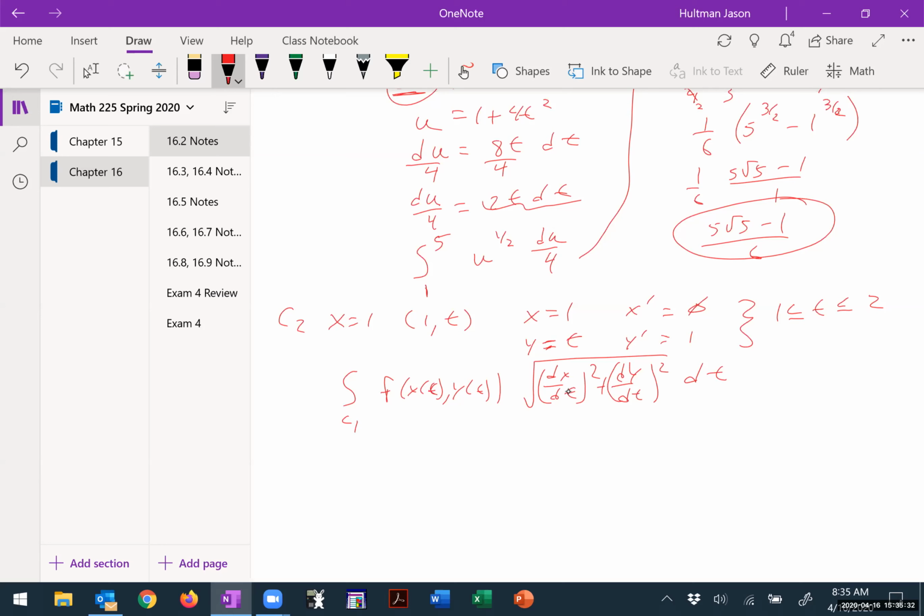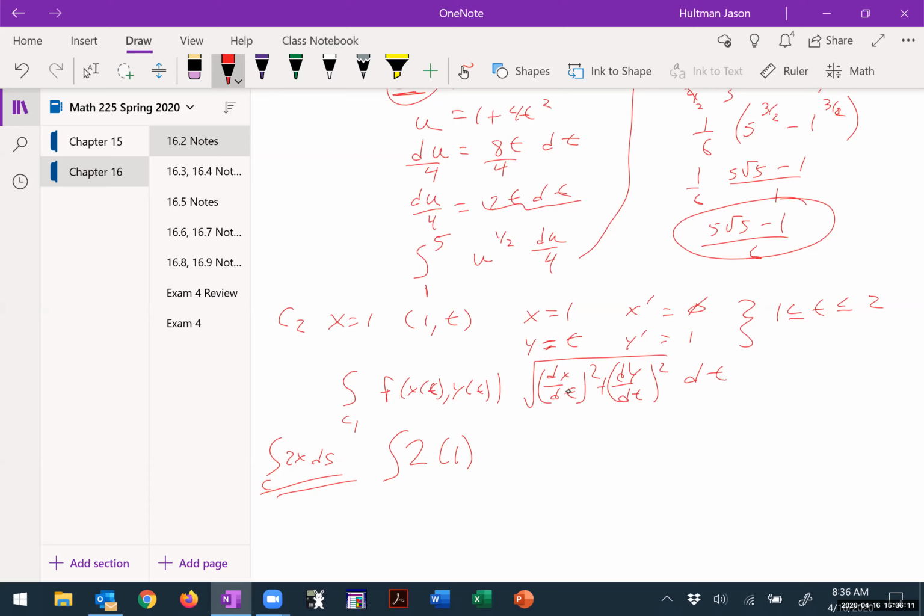That was my original function, not dx, but 2x ds. That's what I'm doing my line integral over, right? The 2x is the function of x, y. Well, what is x in this case? In this case, x is 1, so 2 times 1.